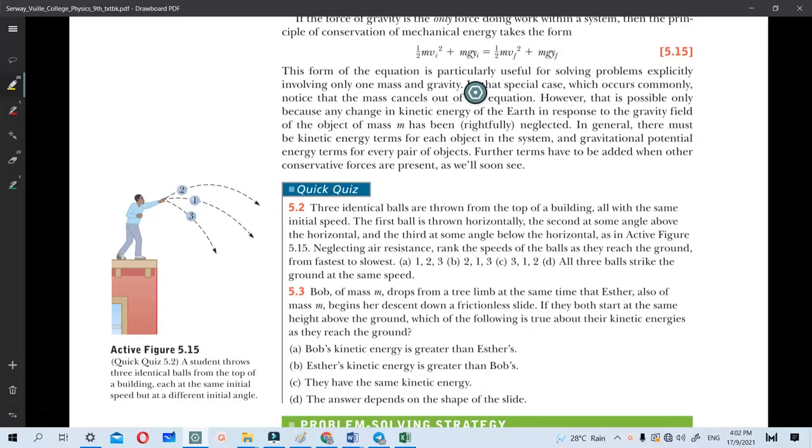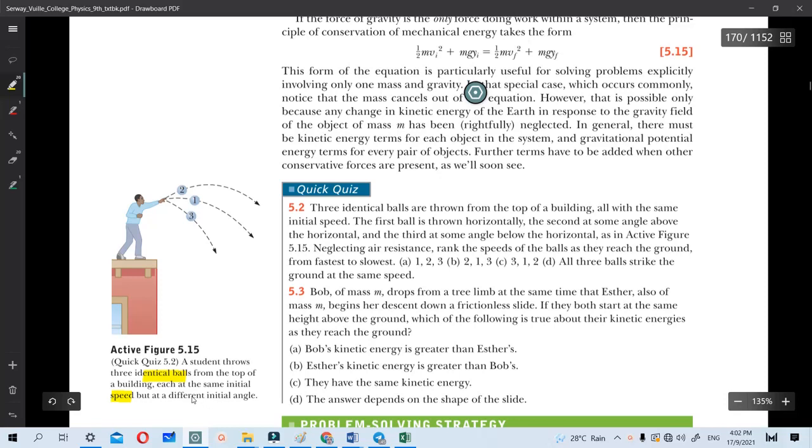This is coming from a different textbook. Again, it's a survey. The situation is this guy is going to throw 3 identical balls, same mass, from the same position, from the same height, the same gravitational potential energy, right? And same initial speed, same kinetic energy.